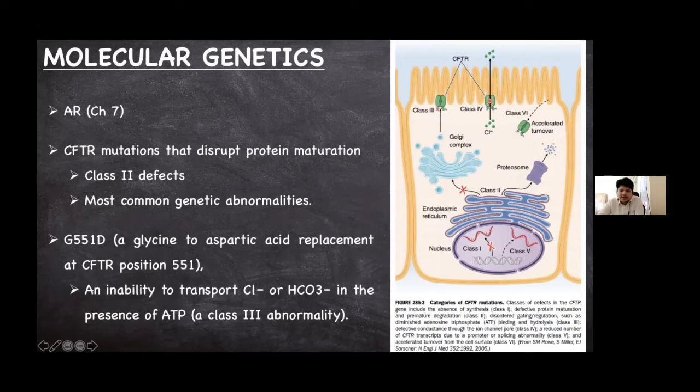Third is the disorder of regulation, such as diminished ATP binding and hydrolysis, which is your class 3 defect. And then come the further class 4, 5 and 6 defects. Okay, so these are the 6 genetic defects, the classification of genetic defects or functional problems, which can lead to cystic fibrosis. In that, class 2 is the most common problem.